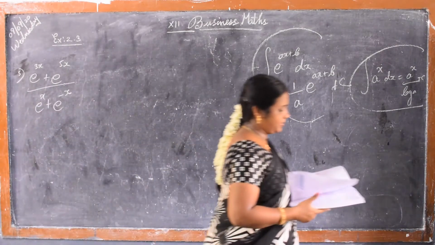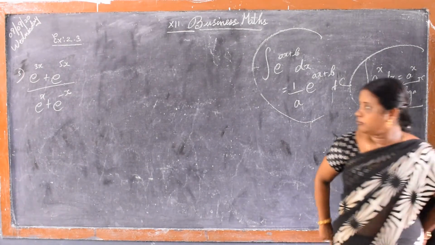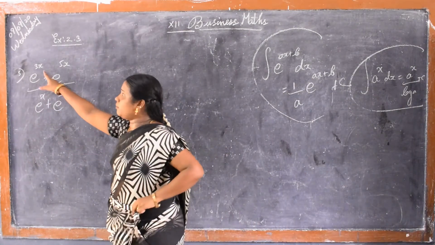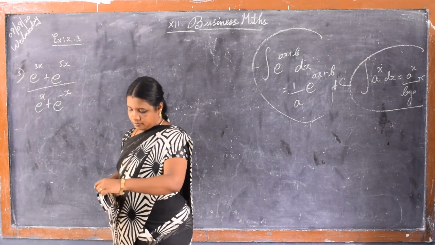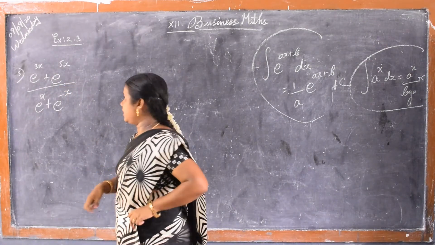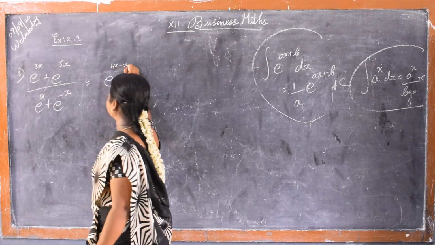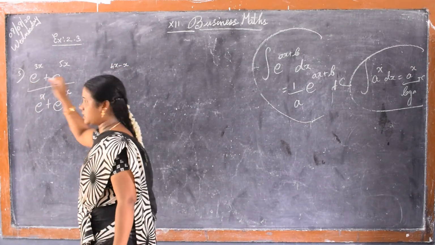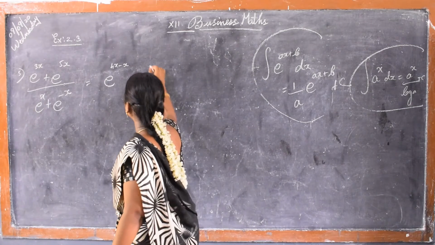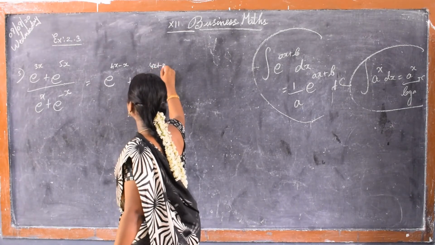This one we can simplify. I am going to write 3x as 4x minus x, and 5x as 4x plus x. So e power 4x minus x, and 4x minus x is also 3x. Here e power 5x, I write as 4x plus x.